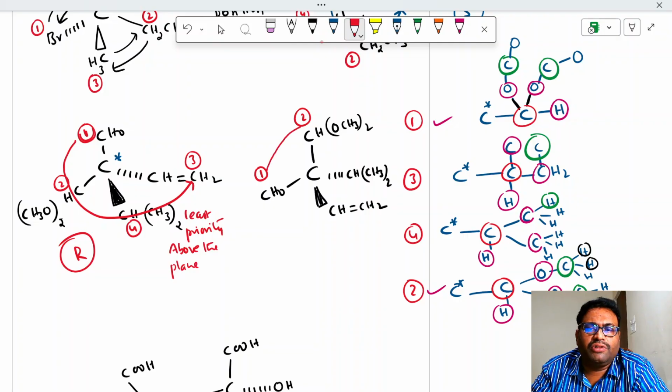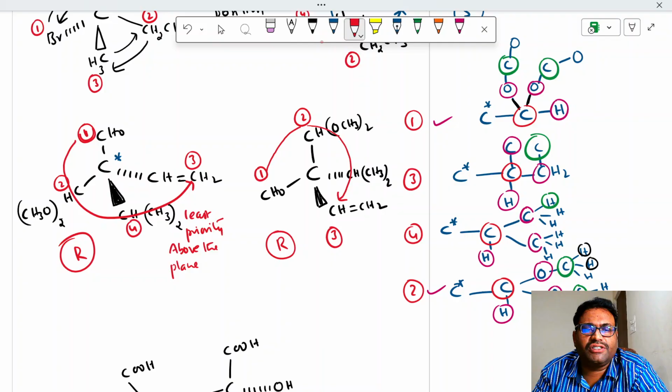So this will be R because you are finding clockwise and the least priority group is away from the observer. Where is the least priority group? It is below the plane.